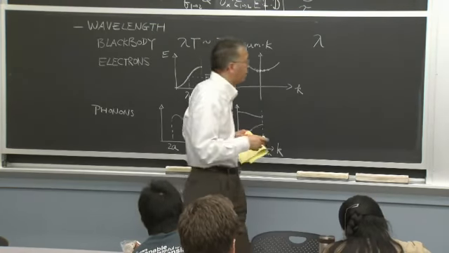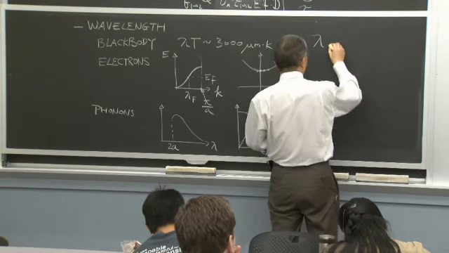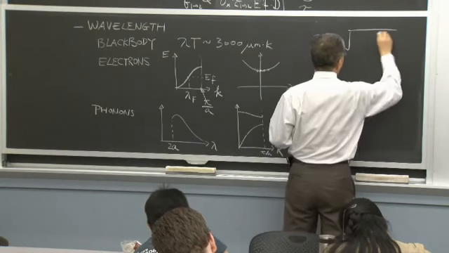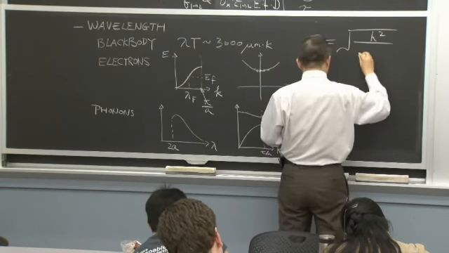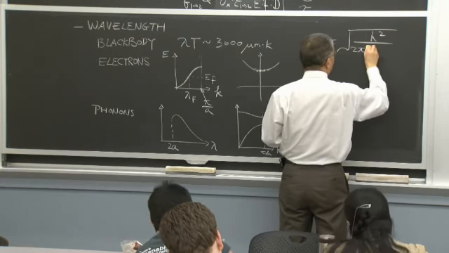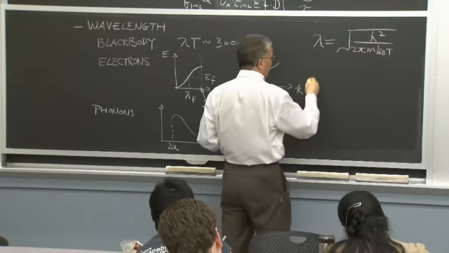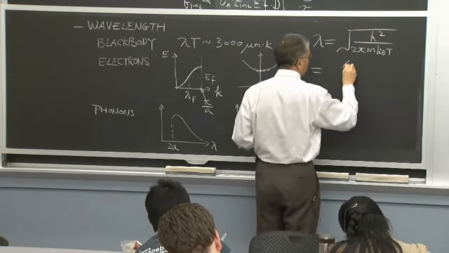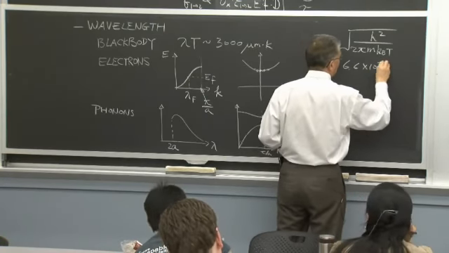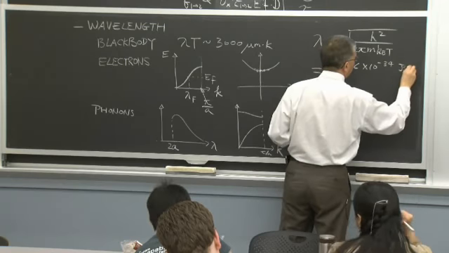What's the corresponding wavelength? That's the de Broglie wavelength, right? In the last lecture, we got h squared over 2 pi m kB T. If I substitute my numbers, h is 6.6 times 10 to the minus 34 joule second.